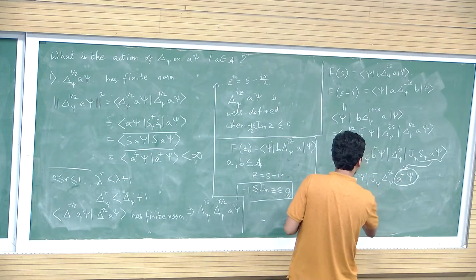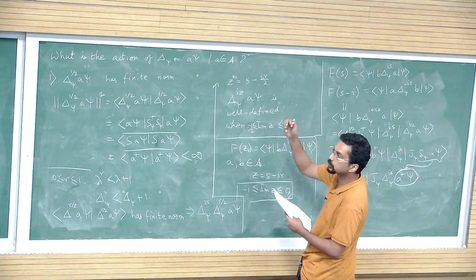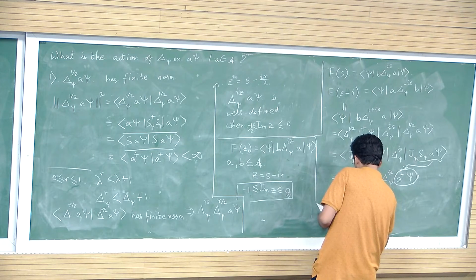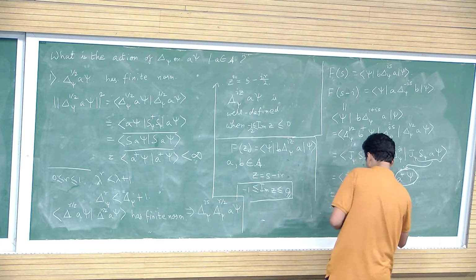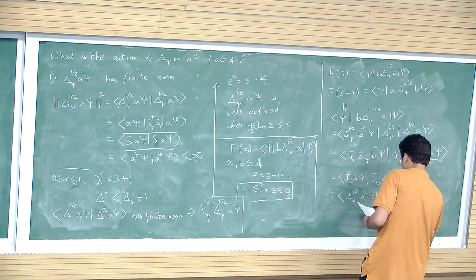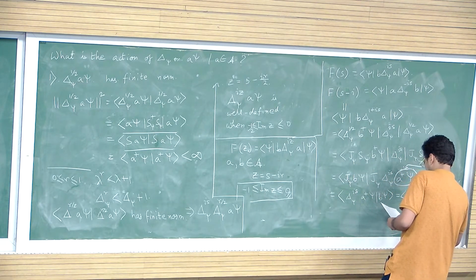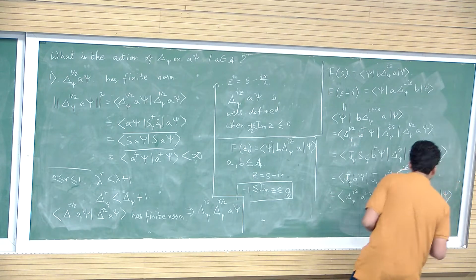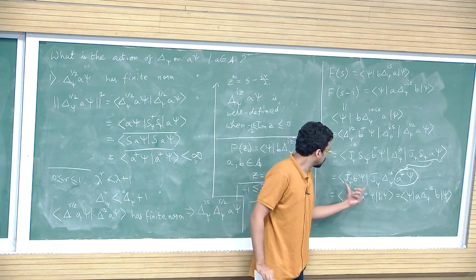Now, because J psi is anti-unitary, there is a way in which anti-unitary, I also wrote some time back, okay.